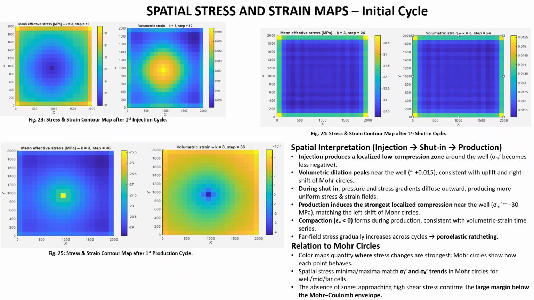But before we look at the broader implications of this result, I would want us to look at the last cycle of production, shut-in and production, and see whether there is any cumulative deformation which evolves after cycling this reservoir for 5 cycles.